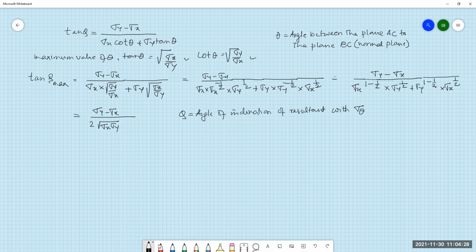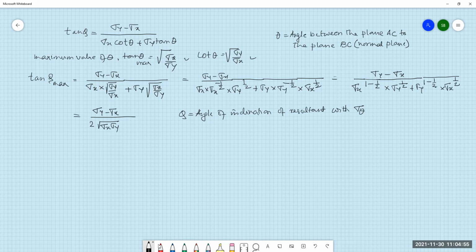Thus this is the maximum angle of inclination, tan phi max. The maximum angle of inclination of the resultant will be sigma y minus sigma x divided by 2 into the square root of sigma x and sigma y. So both these things can be easily calculated. We know the value of sigma x and sigma y.